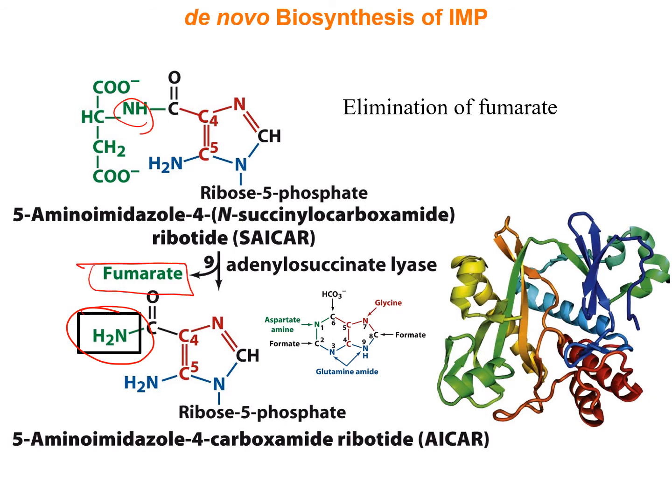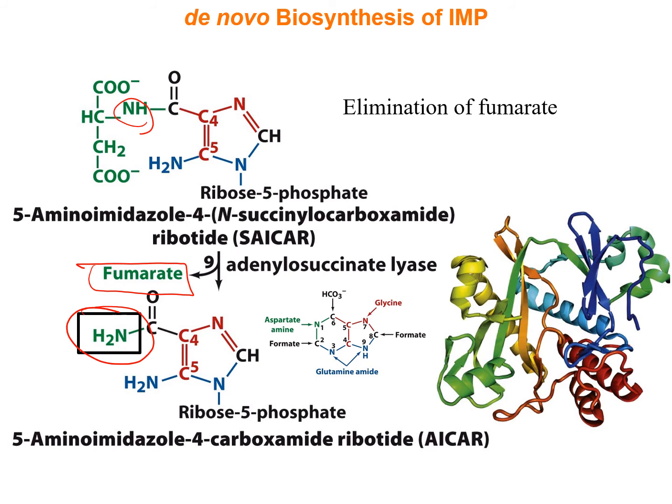Fumarate leaves. We saw fumarate as a metabolite in the TCA cycle. We also saw fumarate as one of the products in the urea cycle. And fumarate, by the way, is also a byproduct of the degradation pathway of the amino acid phenylalanine. So fumarate is seen a lot in different metabolic perspectives.